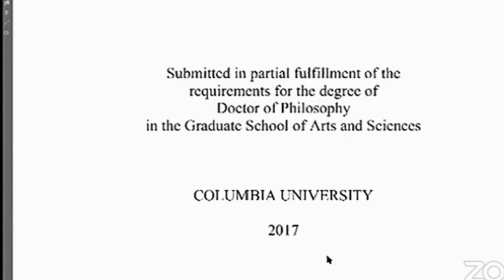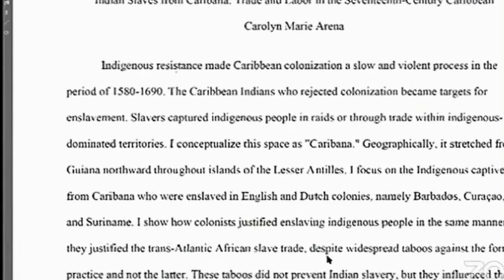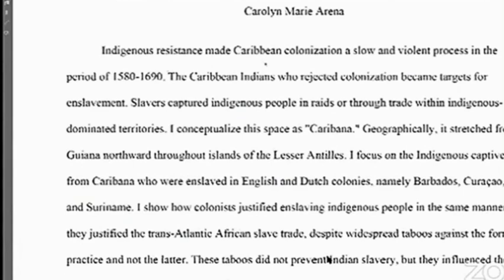So there's research behind this, and her sources, you'll see in her footnotes, are very scholarly and historical. It says here, in the abstract: "Indigenous resistance made Caribbean colonization a slow and violent process in the period of 1580 to 1690. The Caribbean Indians who rejected colonization became targets for enslavement."